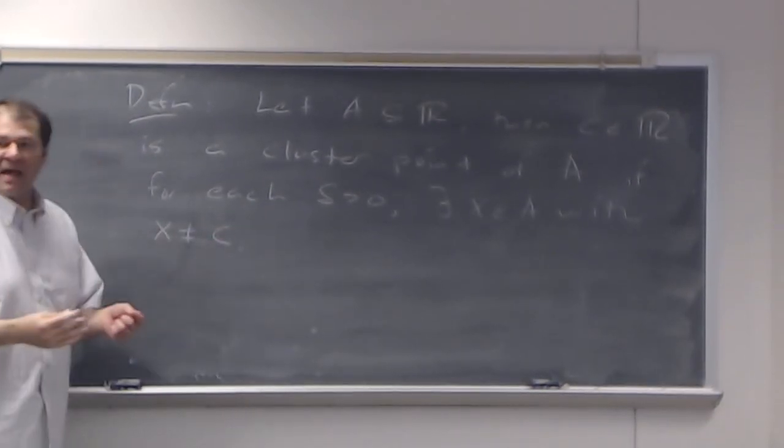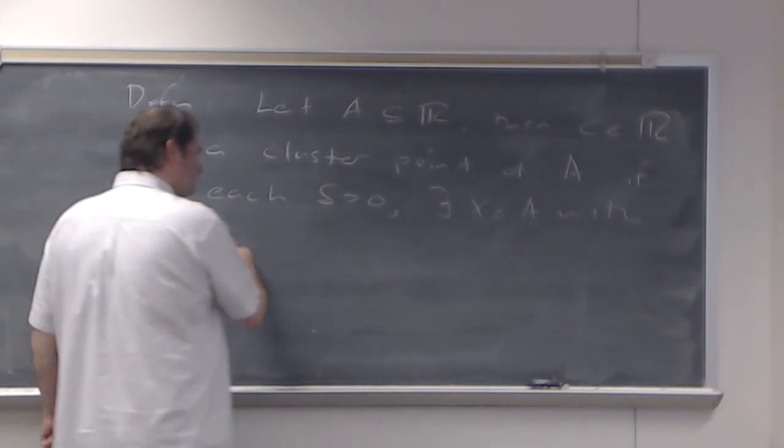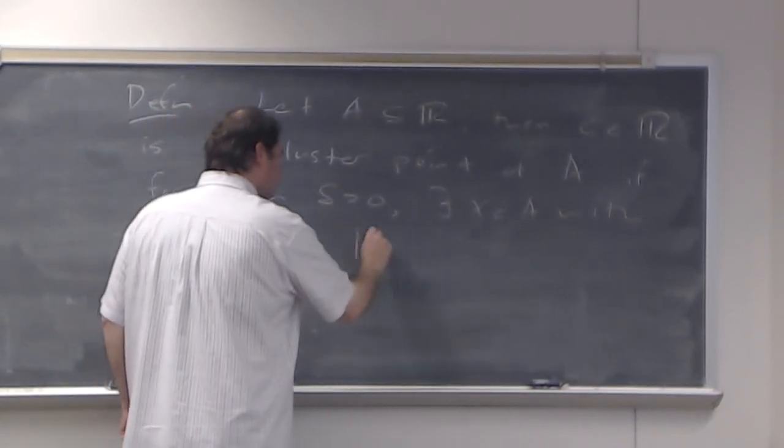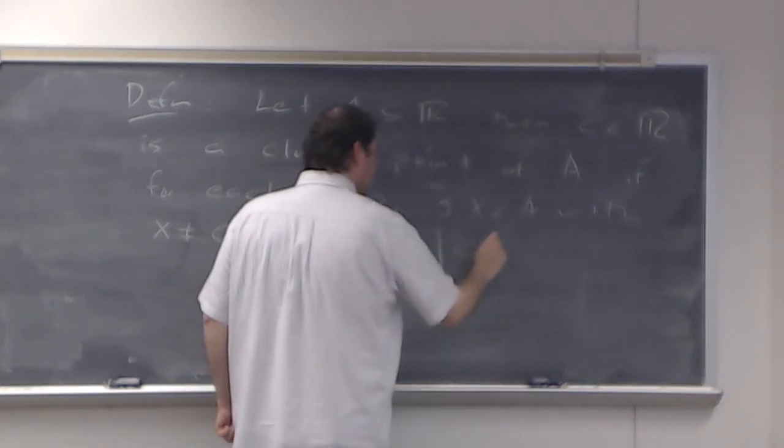So there's some guy in A that's not c, such that the distance between x and c is less than delta.